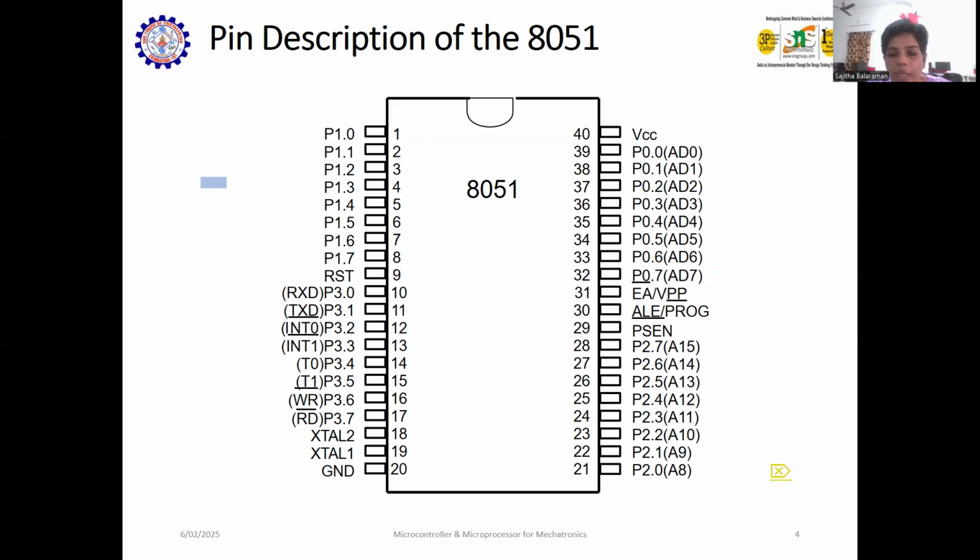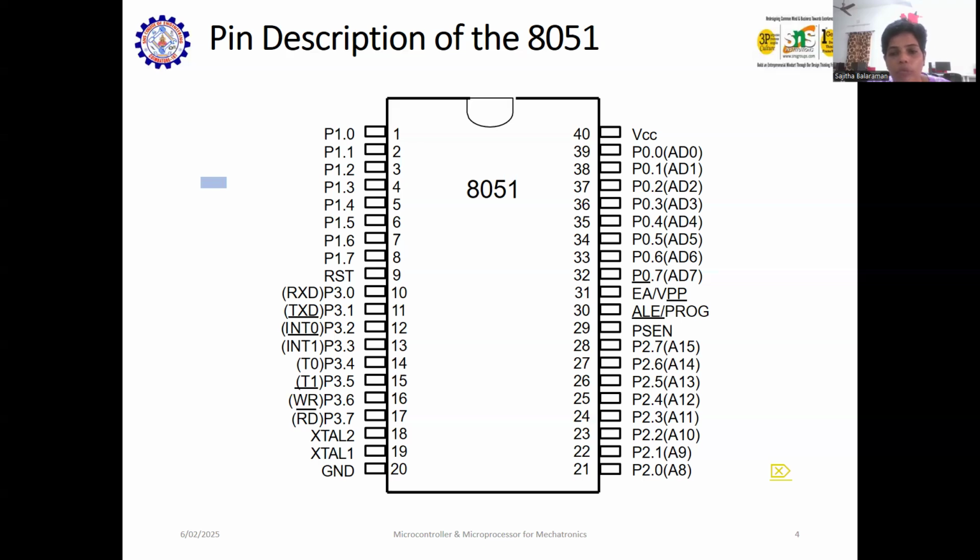As clearly shown in the pin diagram, next is PSEN at pin number 29 and pin number 30 is ALE, and pin number 31 is EA, and pin number 32 up to pin number 39 is for port 0, from port 0.0 to port 0.7.